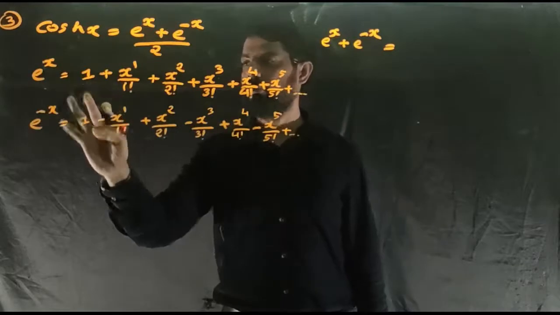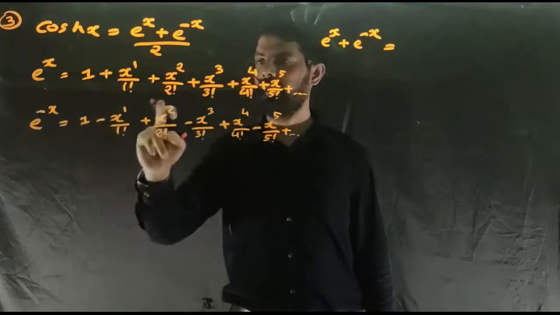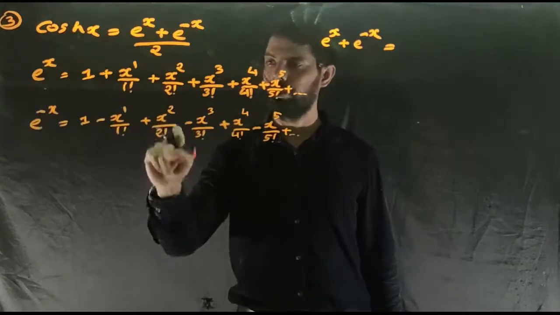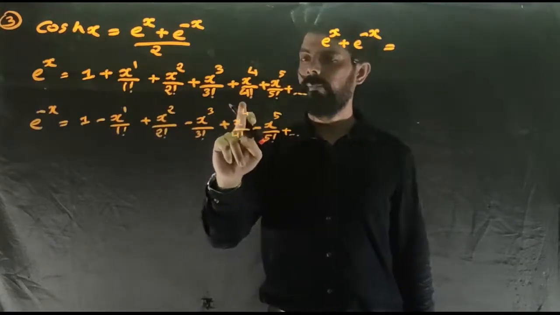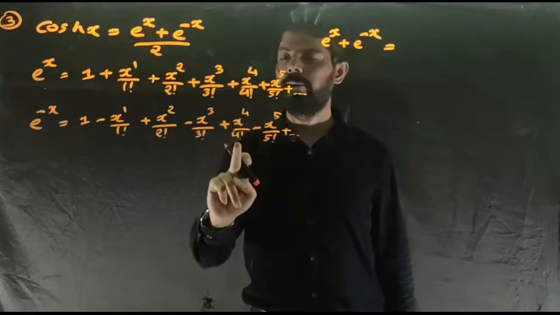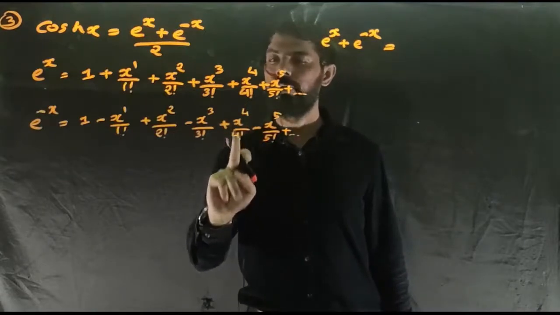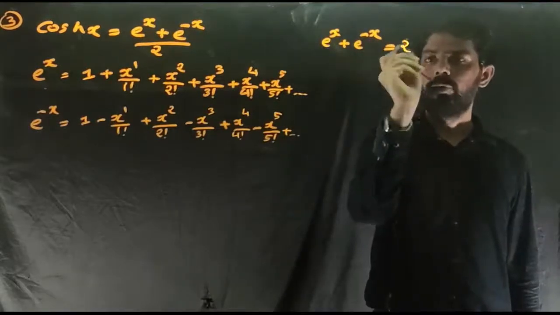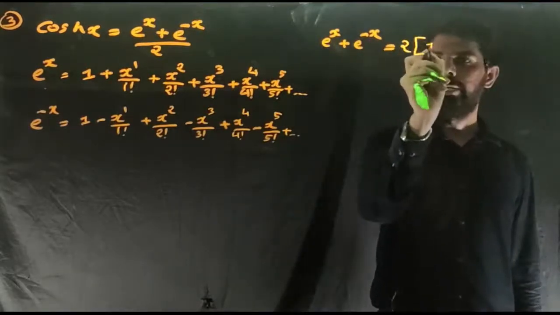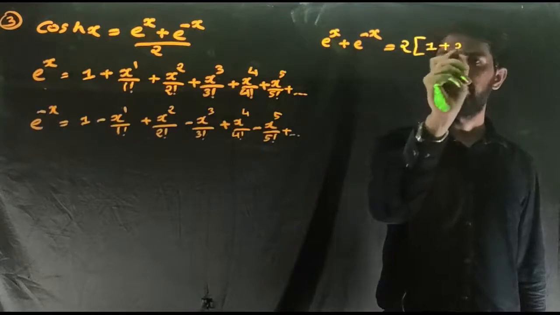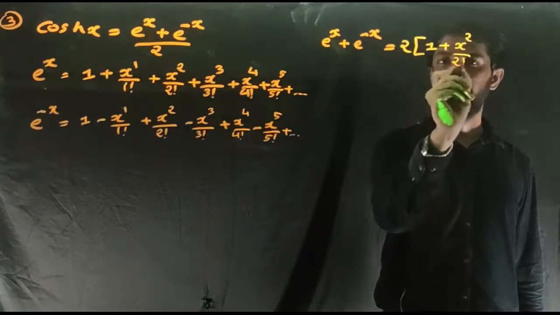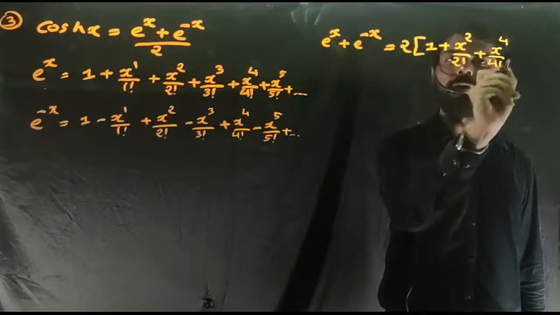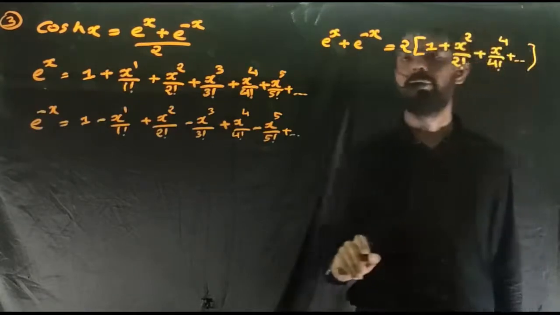And here 1 plus 1, so this term will be doubled. In the same way, x square by 2 factorial plus x square by 2 factorial will be doubled, and plus x raised to 4 by 4 factorial plus x raised to 4 by 4 factorial will be doubled. So directly we can write 2 common in bracket, 1 plus x square by 2 factorial plus x raised to 4 by 4 factorial plus so on.